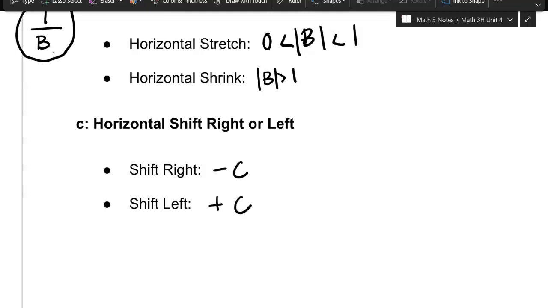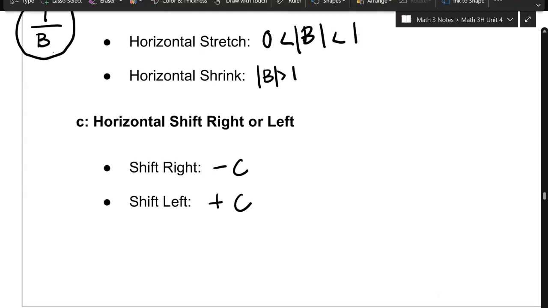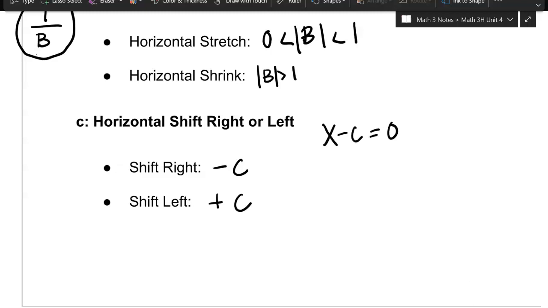The reason for that is that when we are solving for x, we move the things to the other side. For example, x minus c equals 0, we're going to add c to make it x equals c. When we have x plus c, we are going to subtract c.